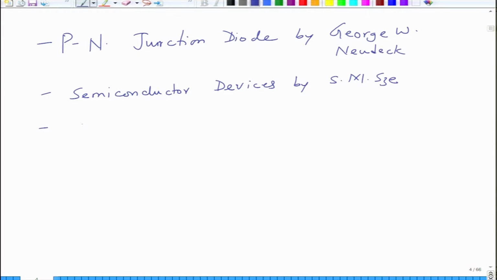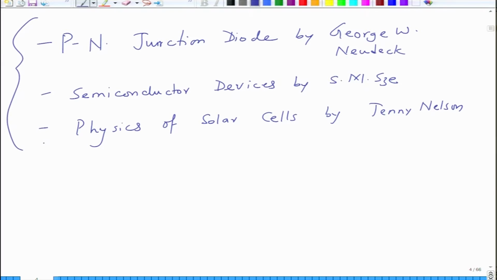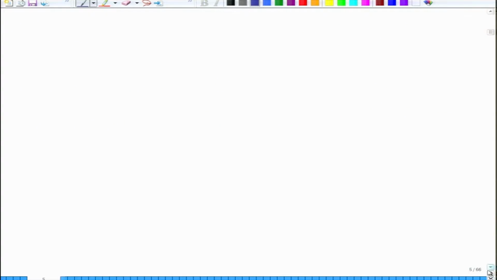Then in the context of solar cells, you can also look at Physics of Solar Cells by Jenny Nelson. These are three books which can be useful to understand the whole p-n junction electrical characteristics in detail.